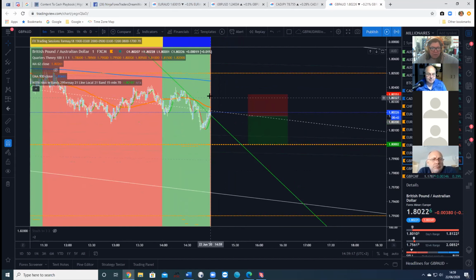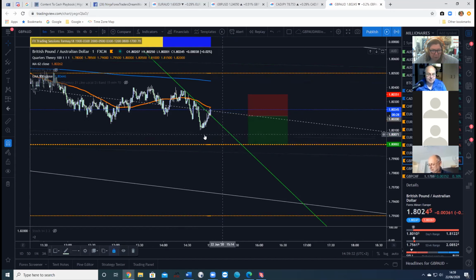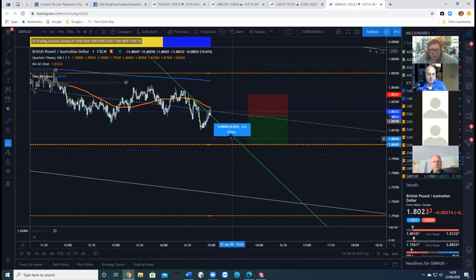So that hull has turned red on the 15-minute at the moment, which is a good sign if it stays like that, but as I say, it could be faking out. And you've also got a very thin old pitchfork running just above the quarter theory at the 20 pips at about 5 or 6 pips away from that.